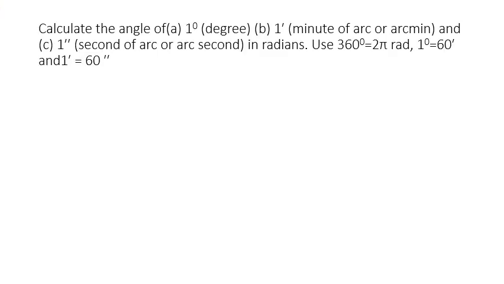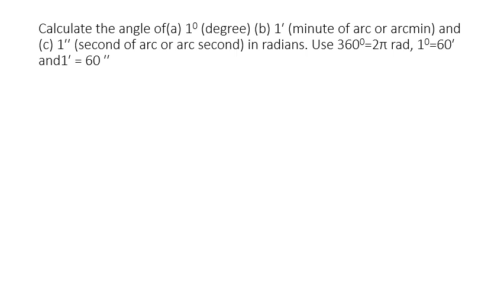Next question. Calculate the angle of 1 degree. Subdivision A is 1 degree and subdivision B 1 minute, or you can say this as arc minute, and subdivision C is second, 1 second or arc second in terms of radians. So calculate 1 degree, 1 arc minute, 1 arc second in terms of radians.